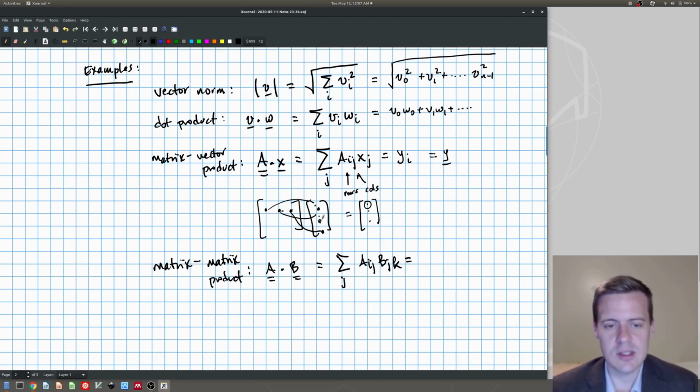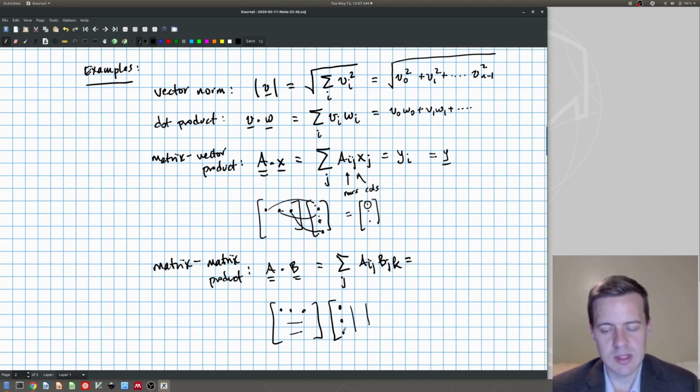Again, this is very similar to the matrix vector product up here, but now A looks like this with another two rows down here, and B looks like this, and I'm going to do the product this way with these other columns.